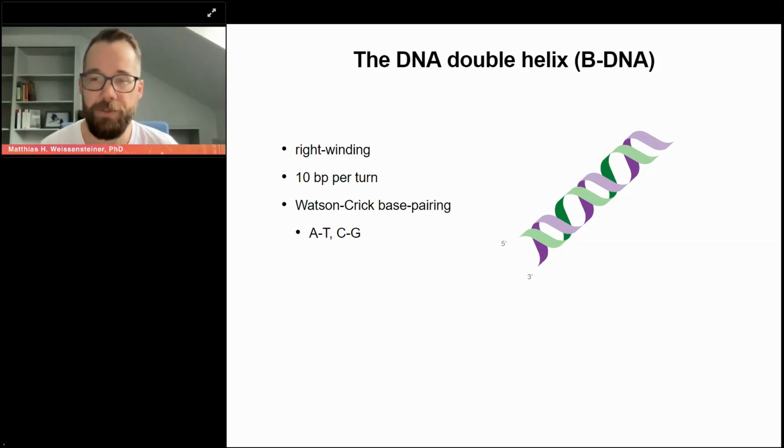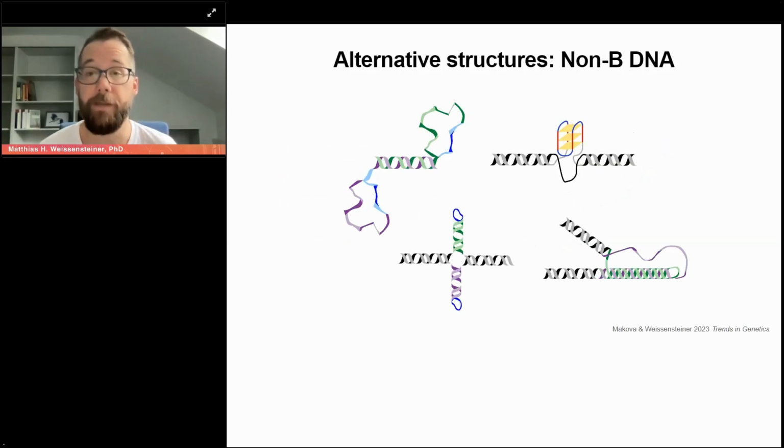I only rather recently learned that this is not the only structure DNA can actually adopt, even in living cells. There's a variety of different structures, and they're commonly called non-bDNA because the canonical DNA structure is called bDNA.